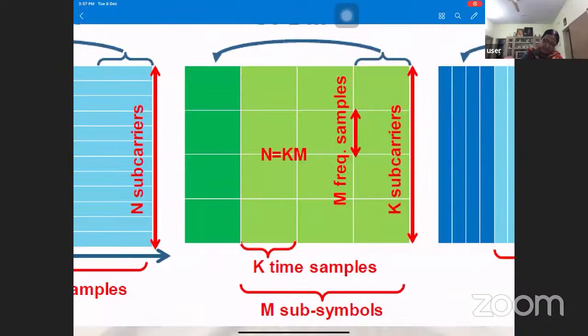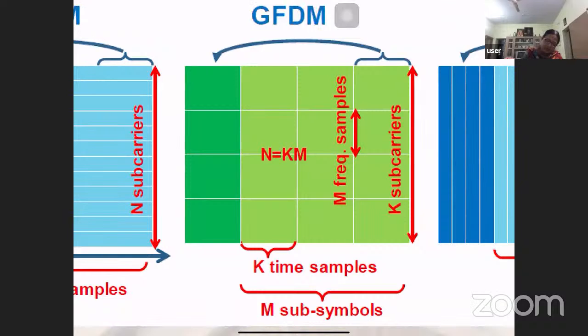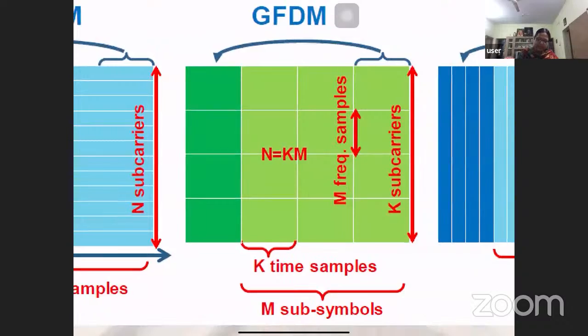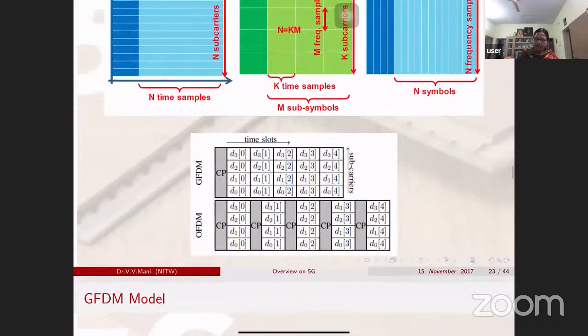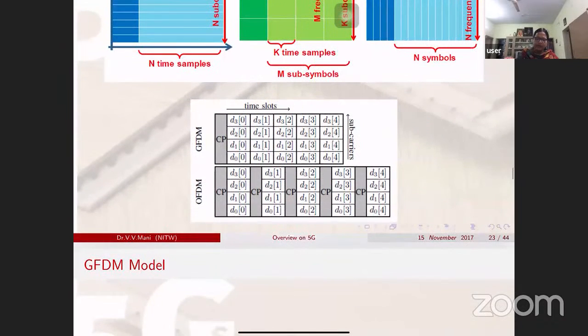K time samples multiplied by M frequency samples will give you your total N. Both systems are carrying only N time samples, but how are we dividing? We are dividing in the x-axis as well as in the y-axis. That is the difference in generalized frequency division multiplexing.